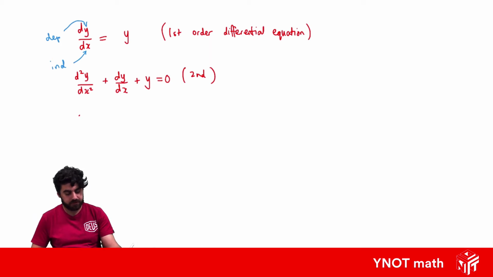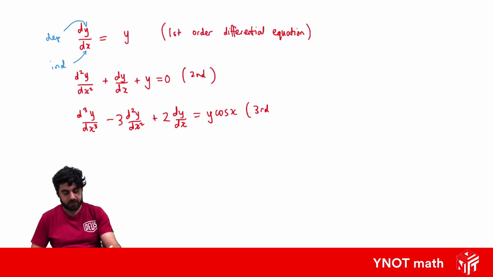So a third order differential equation might look like d3y dx cubed minus 3 times d2y dx squared plus 2 times dy dx equals y cos x. So this is a third order differential equation.